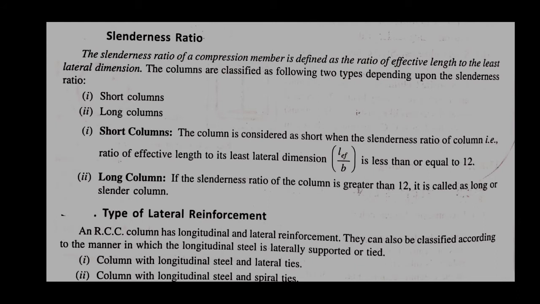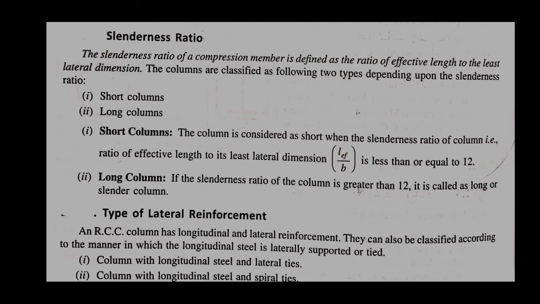The column is considered as short when the slenderness ratio of column, that is the ratio of effective length to least lateral dimension, is less than or equal to 12. Here L suffix EF denotes effective length of column and B denotes least lateral dimension.